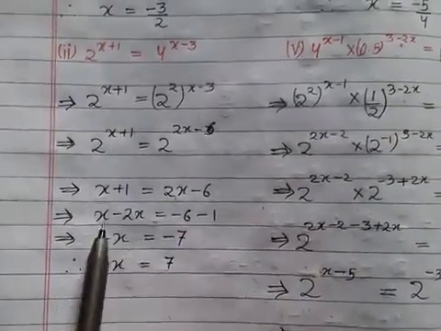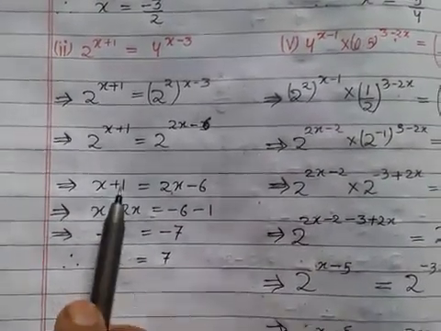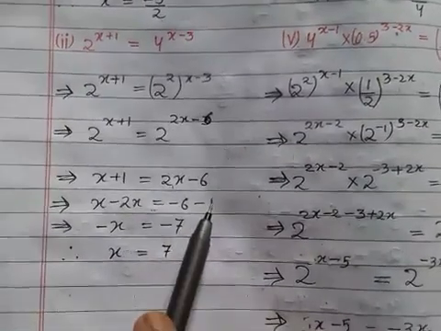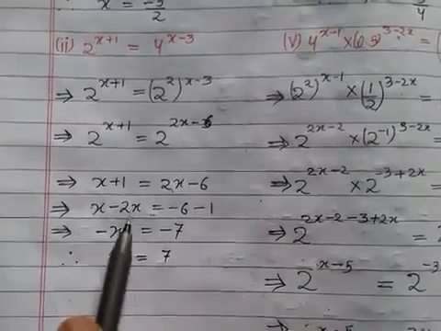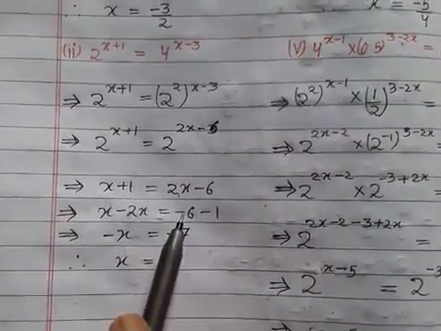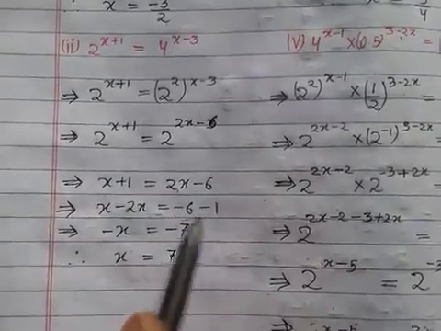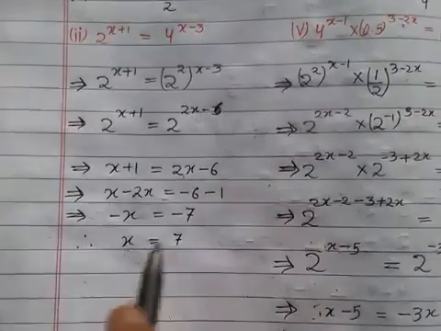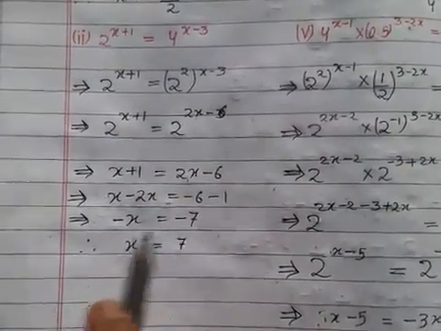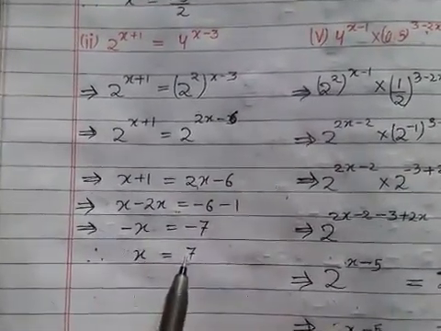When 2x comes to this side, it changes into minus, and 1 comes to the other side, it also becomes minus. So x minus 2x is equal to minus x. Here minus 6 and minus 1, minus and minus added give minus 7. So we remove the minus sign because both sides have a minus sign. So x is equal to 7.